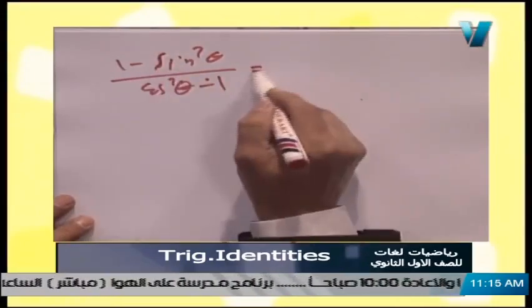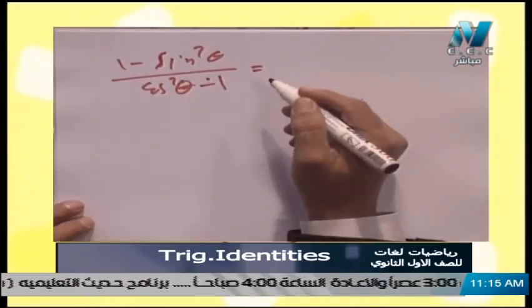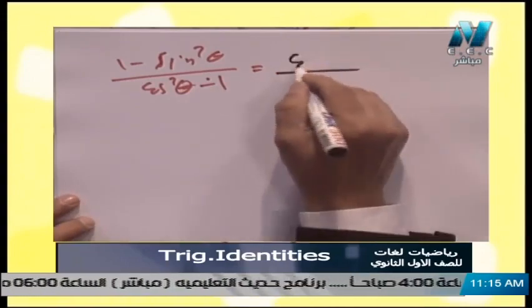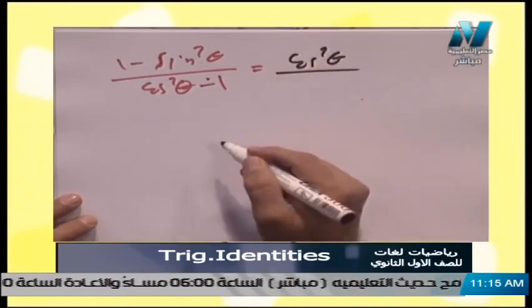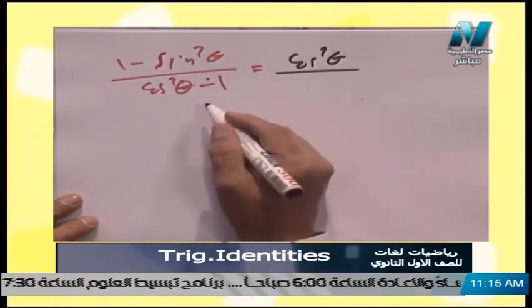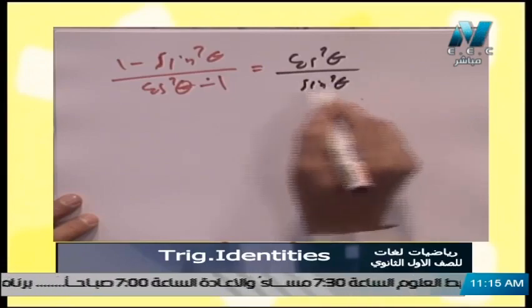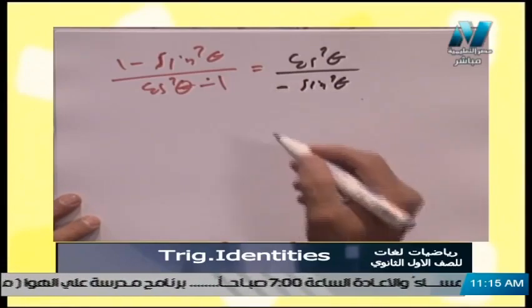Okay, we know that 1 minus sine power 2 theta means cosine power 2 theta, and cosine power 2 theta minus 1 equals sine power 2 theta but negative. From where?